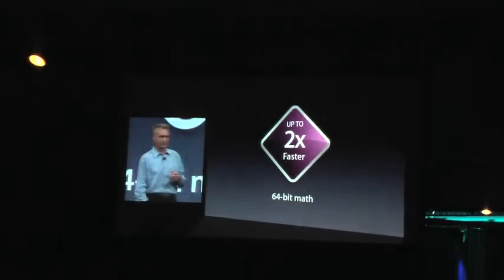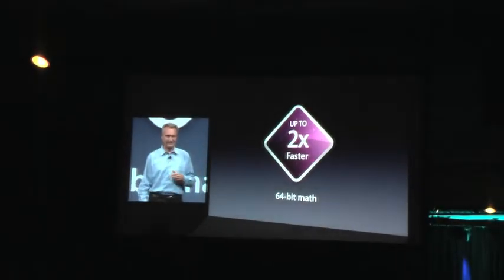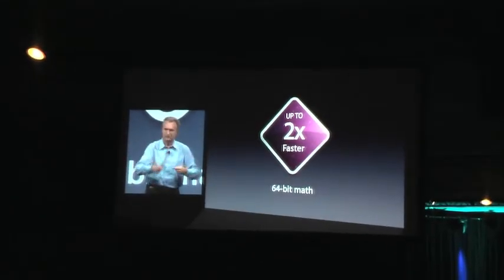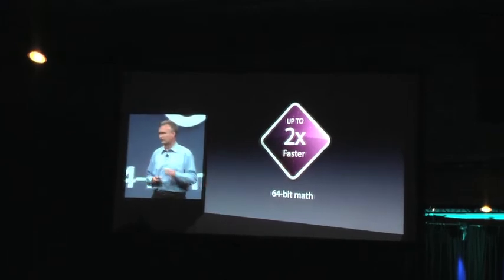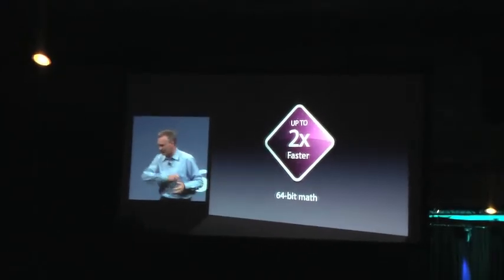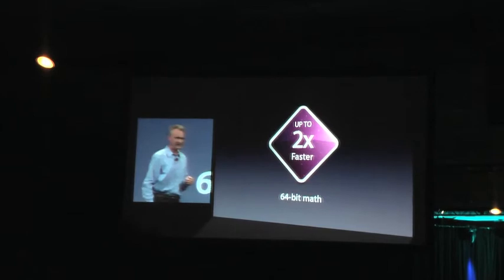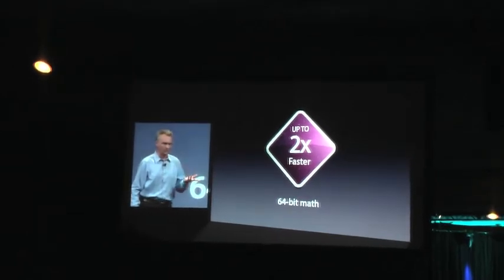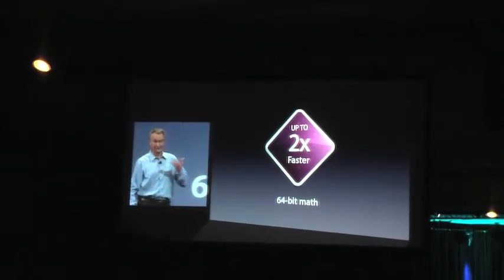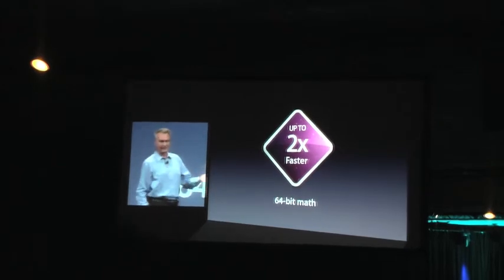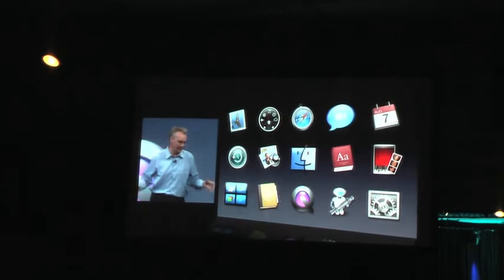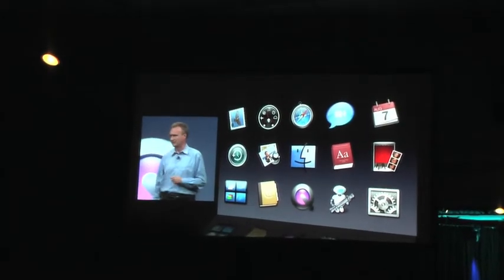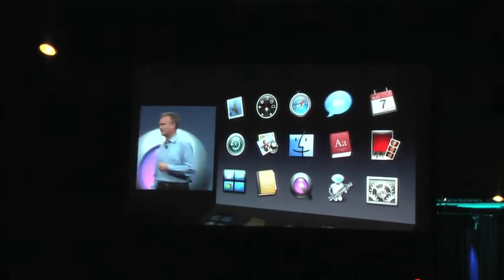Another reason, of course, to run 64-bit is that the processor can do math faster. So certain things like FFTs will run twice as fast in 64-bit mode. So for all those reasons, we've been on a trajectory over the last few releases to enable more and more 64-bit. And Snow Leopard is a final stage where we are running all the major system applications in 64-bit mode.